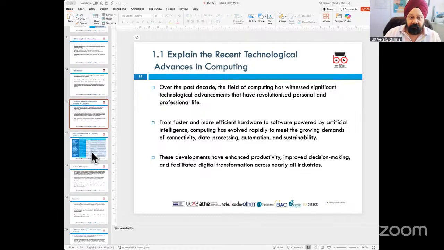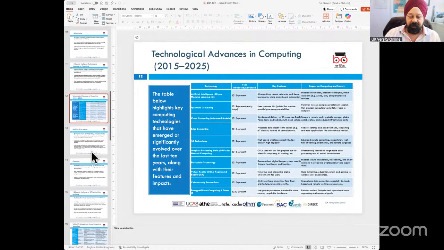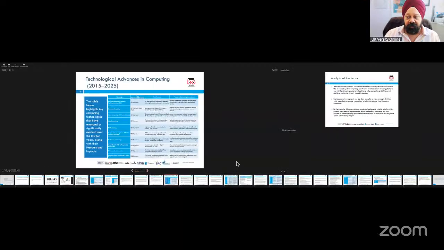Now, some of these are discussed in a bit more detail in some of the slides that I've created for individual criteria. So when we talk about technological advances, we are in 2025. If I show you a full screen, you'll be looking at things like quantum computing, which started in 2019, and artificial intelligence and advances in machine learning language, which started in 2015. But we do see the coming out of ChatGPT or similar software, introduced in 2022 and also in 2023.